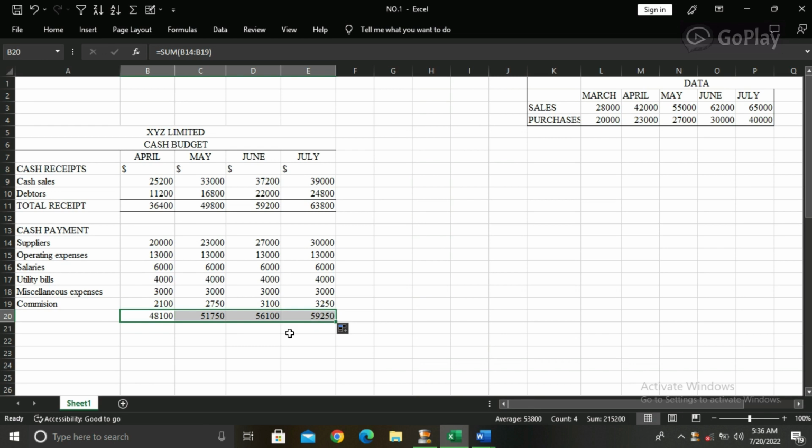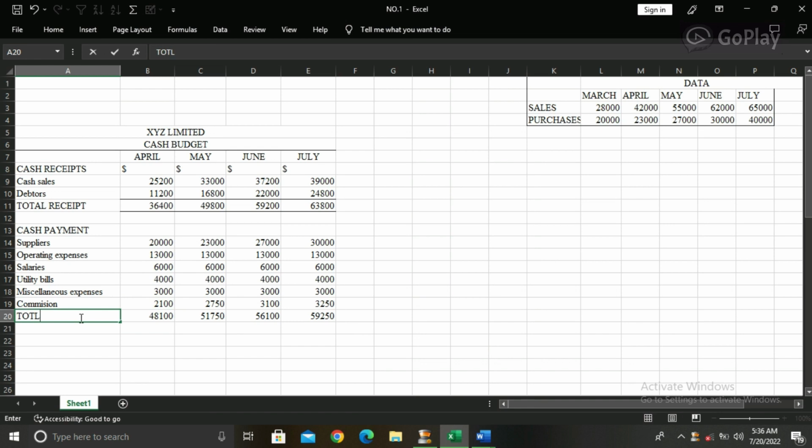Yes, so now here is my total payment. I'll just underline it nicely.